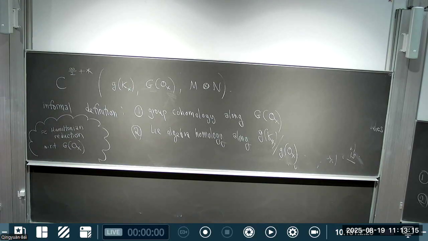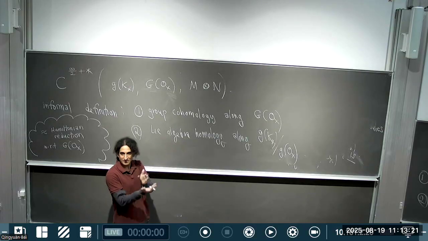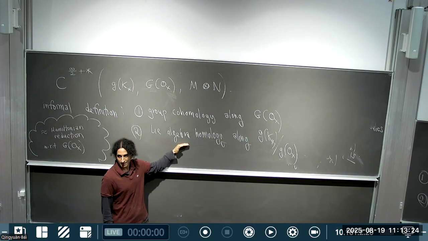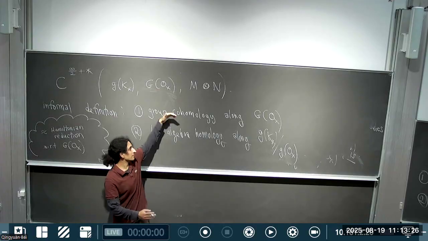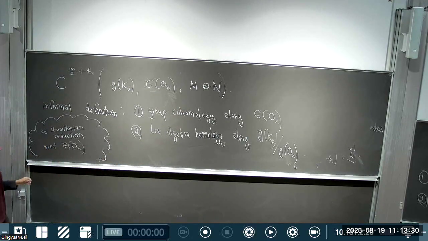Like a moment map condition, setting something equal to 0. That's this, and you're taking a fiber into a tensor product, and then you're taking the group invariance in that fiber.